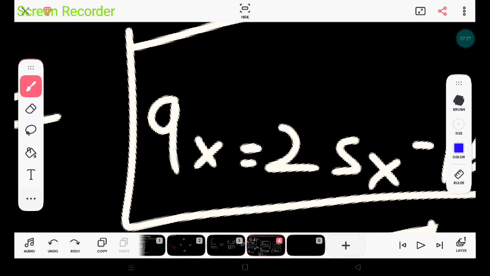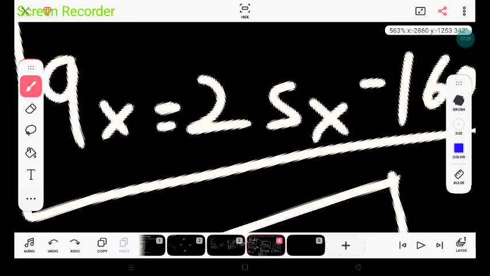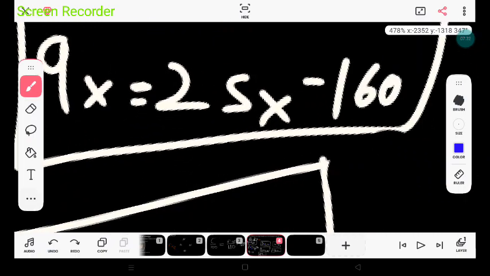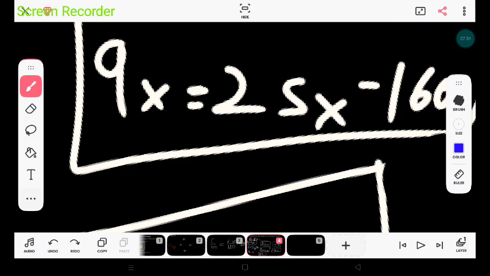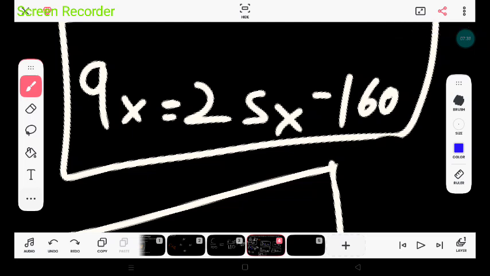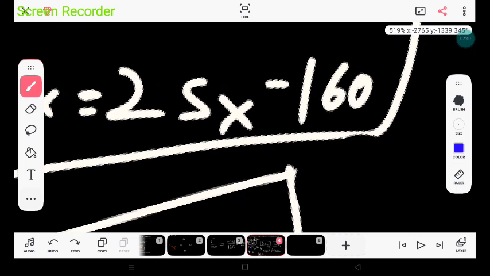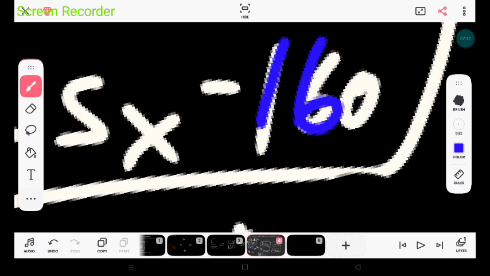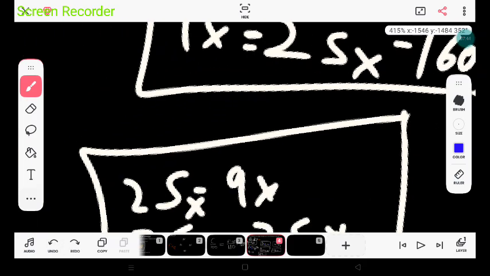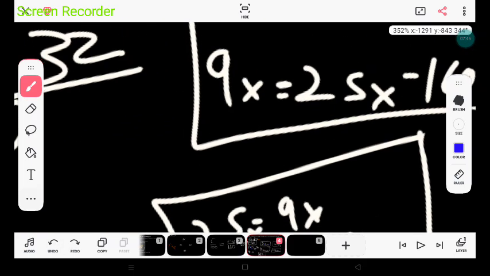Anyways, we multiplied 5 by 5x and 32 and we got 25x minus 160. Now, after this, what to do?